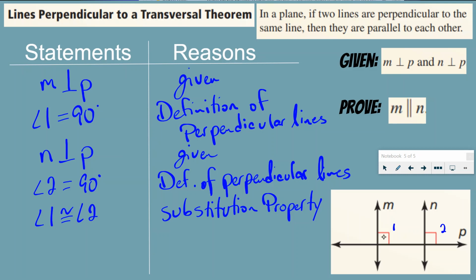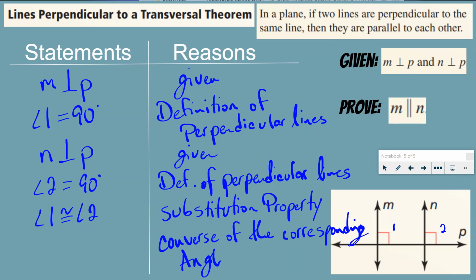And if I know that these angles are congruent corresponding angles, then I can use the converse of the corresponding angles postulate to say that these are actually parallel lines, that M is parallel to N.